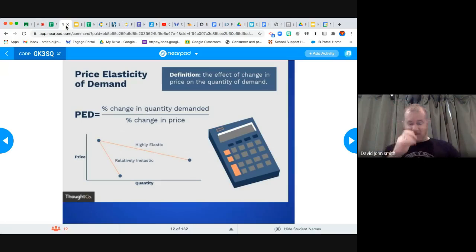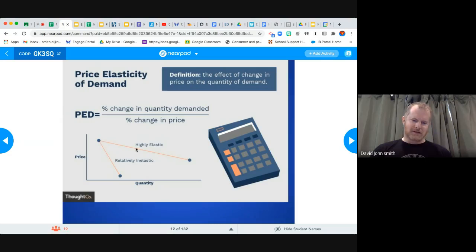Okay. All right. Now, we do need to also think about, again, that responsiveness with regards to demand. So we've got a couple of terminologies to think about. You've got the idea of something being inelastic, which means not as responsive, and something being elastic, which means more responsive, okay? Something that is relatively inelastic, that's this one here. On the quantity axis, it doesn't appear to change very much when the price changes.